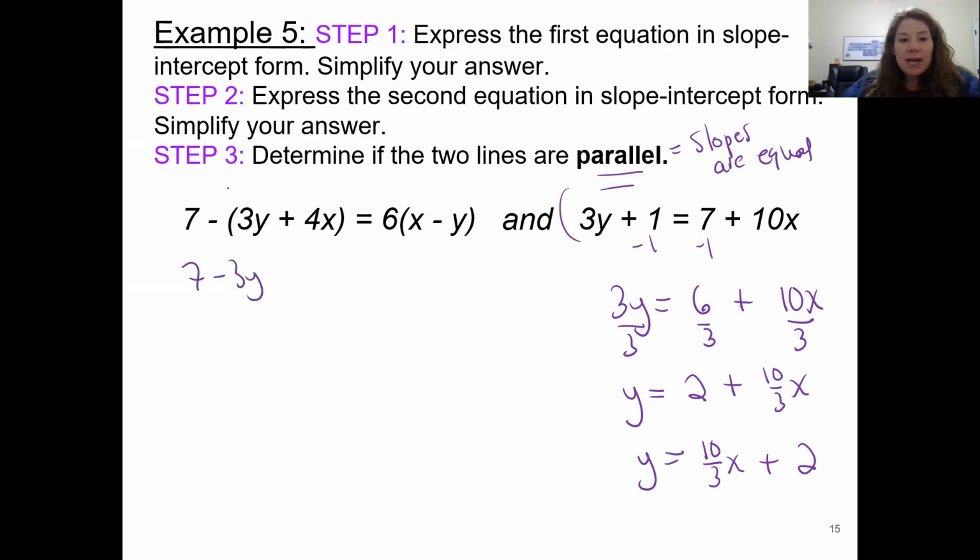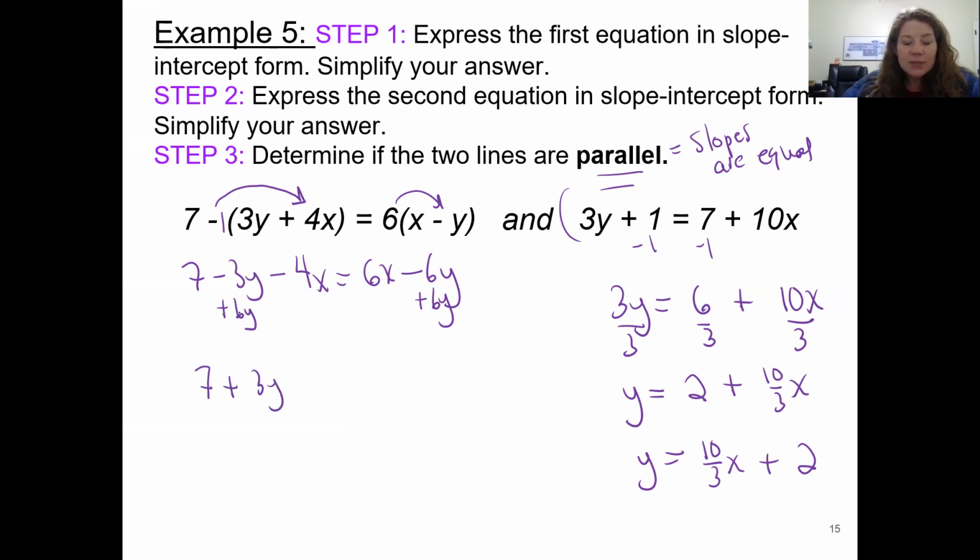7 minus 3y, and then minus, don't forget we're multiplying everything by an invisible -1. -1 times 4x is minus 4x equals 6 times x is 6x, and 6 times -y is minus 6y. Now we're going to get our x's and y's together. So why don't we pull our y on this side? So we have 7 plus 3y, because -3y plus 6y is positive 3y, minus 4x is equal to 6x.